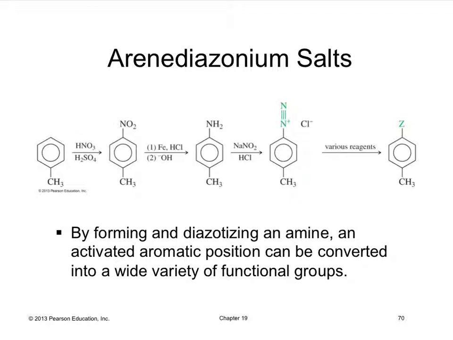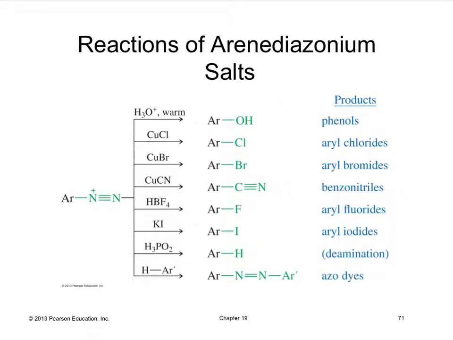Once you have this, it is a good leaving group so that you can react it to add on any functional group. So here are the different types of functional groups that aryl diazonium salts can react with. If you react with protonated water, you generate phenols, CuCl, chlorides, CuBr, bromides, CuCN, nitriles, HBF4, fluorides, KI, iodides.